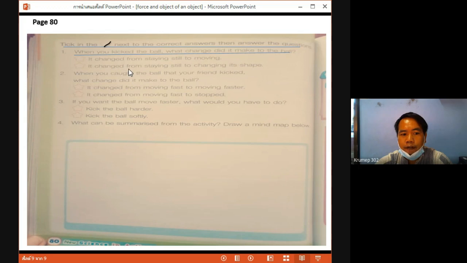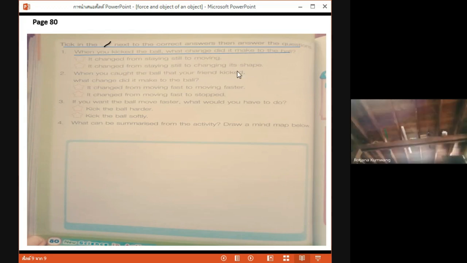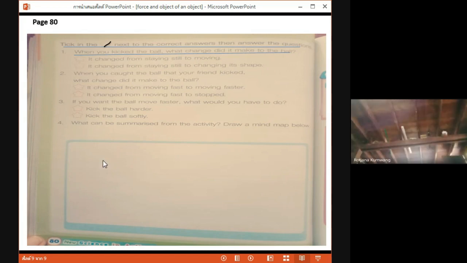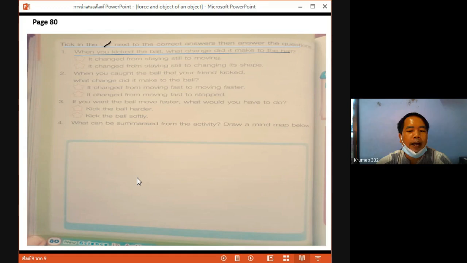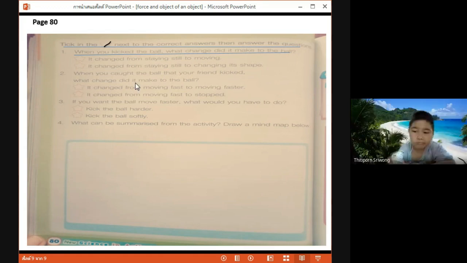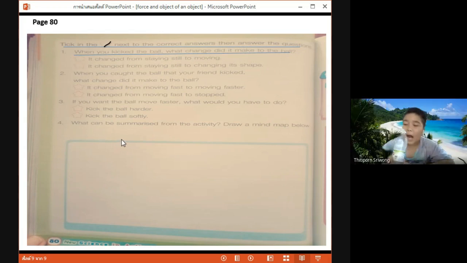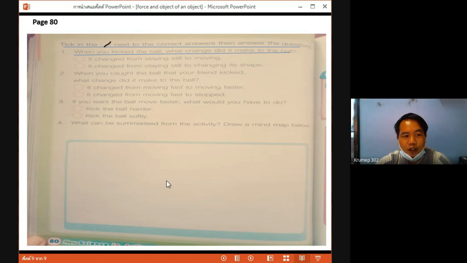Second, it changed from staying still to changing its shape. What is the correct answer? First star or second star? Sky, what is the answer in number one? First star or second star? First star. Okay, very good. So it is the first star.